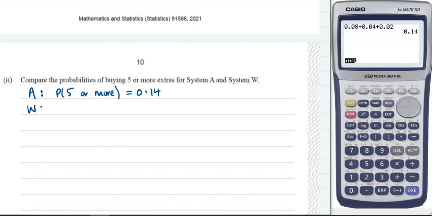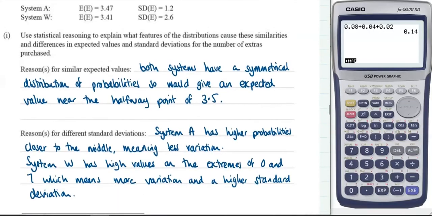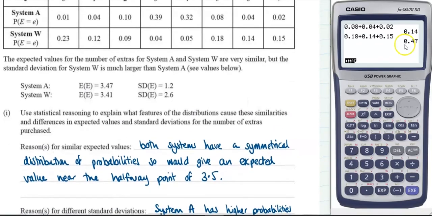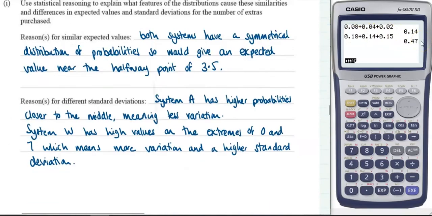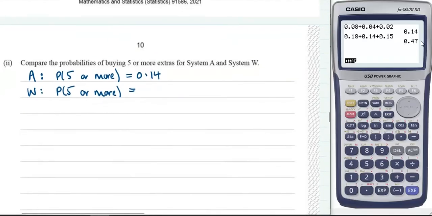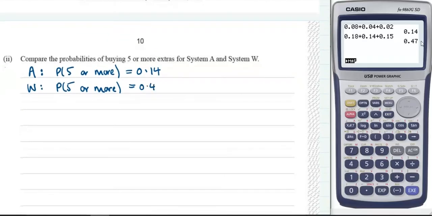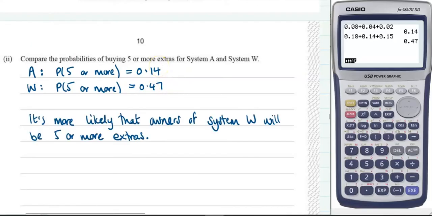And then on W, we'll do the same. I've just done that quickly over here, so 0.47. We've been asked to compare them, so clearly you're more likely to buy 5 or more on system W than system A.